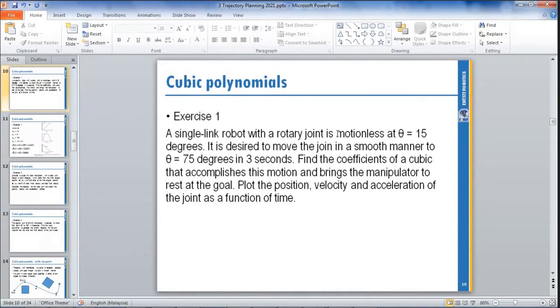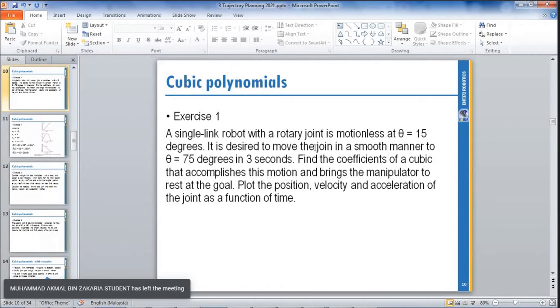Motionless means you start from the initial point, but theta is already 15 degrees. You do not start from 0 degrees, but at 15 degrees. That means your robotic arm does not start from 0; it already starts at 15 degrees.